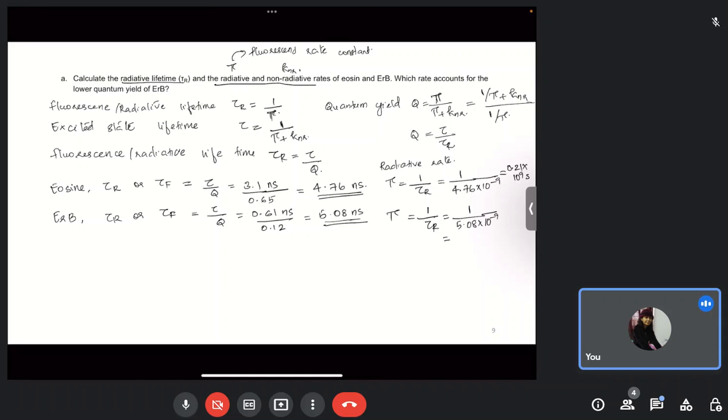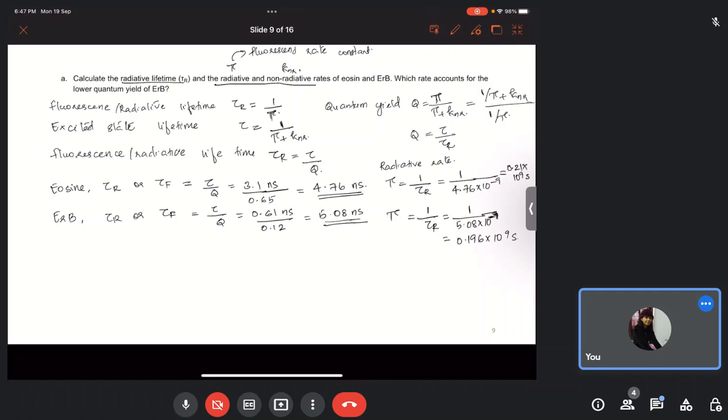So this is equal to 0.196 into 10 to the power 9 per second. When 10 to the power minus 9 from the denominator goes to the numerator, it becomes 10 to the power plus 9. Okay. Now we have to find out the non-radiative rate constants.